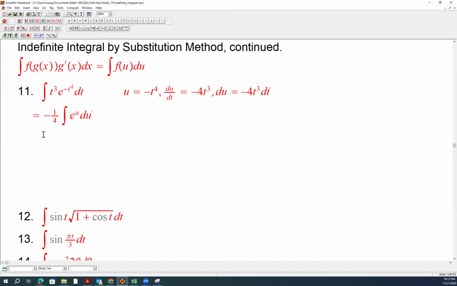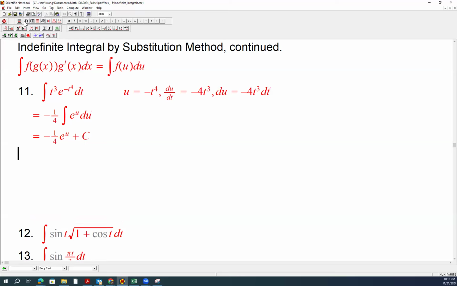I hope everybody's getting better at this time, okay? And the antiderivative of e to the power u is e to the power of u plus a constant. Last but not least, we will replace u by its equal, which is negative t to the power of 4.